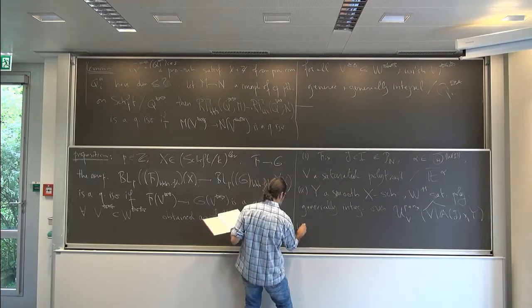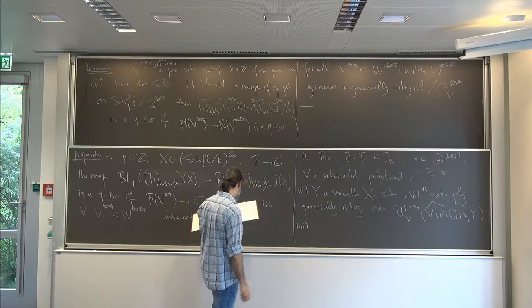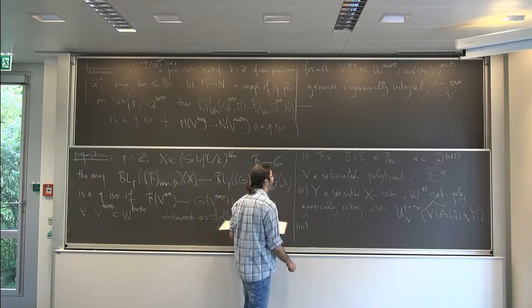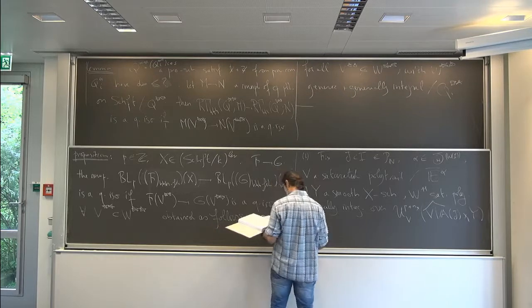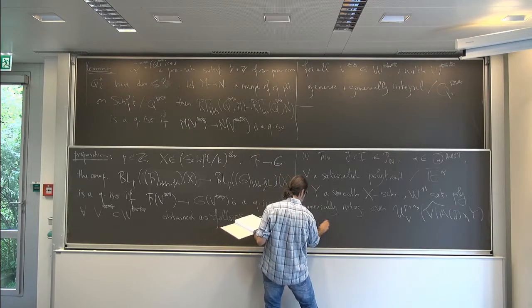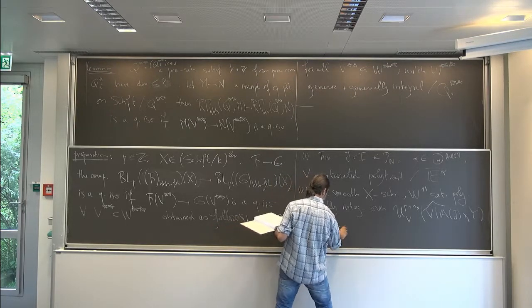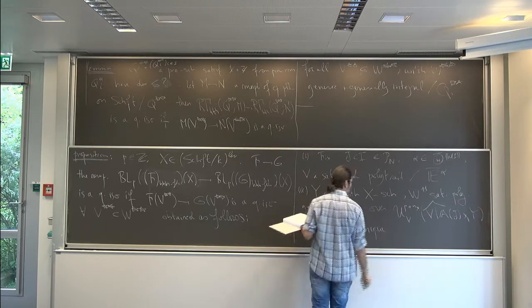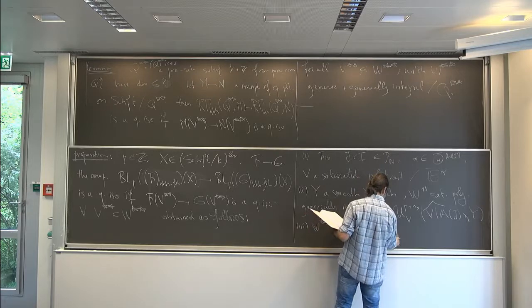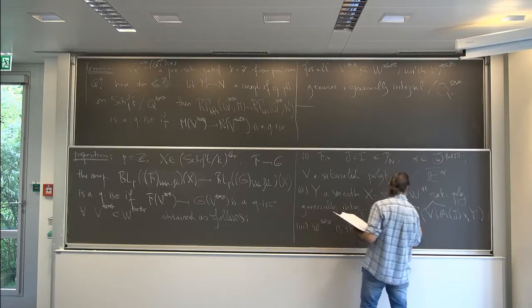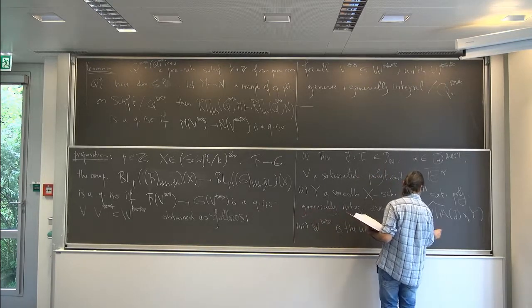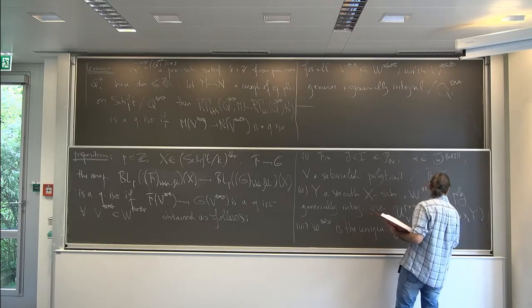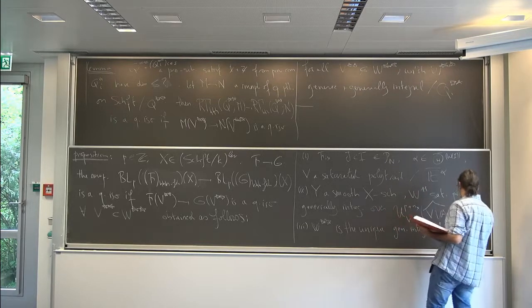Now third, we're almost done. So omega star star is the unique generically integral polytray over the following diagram.